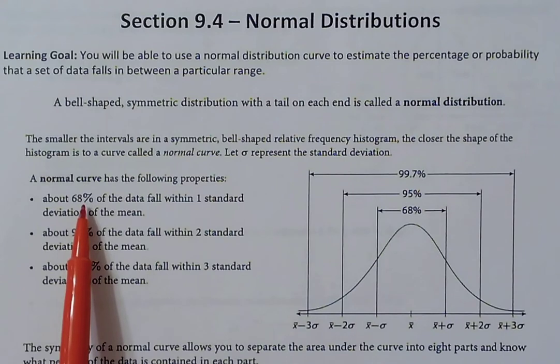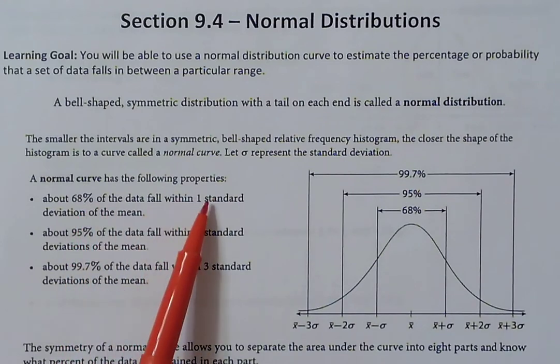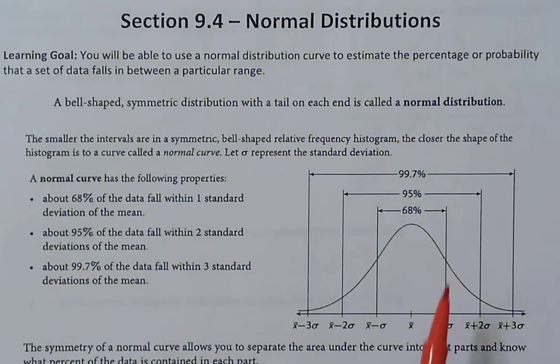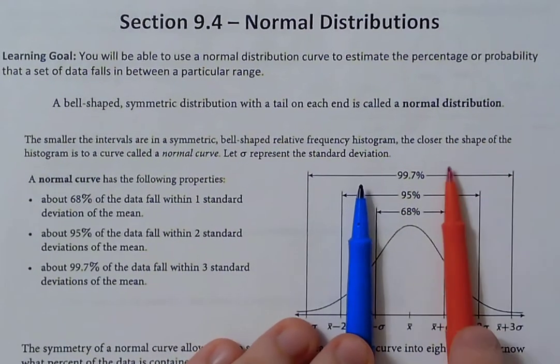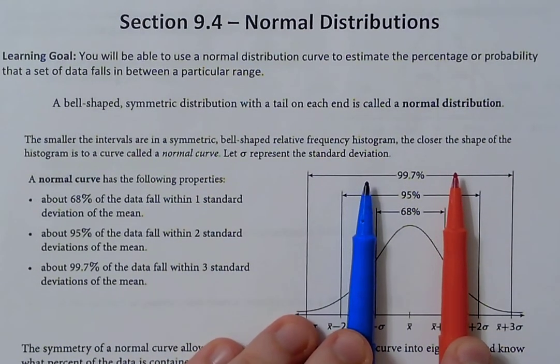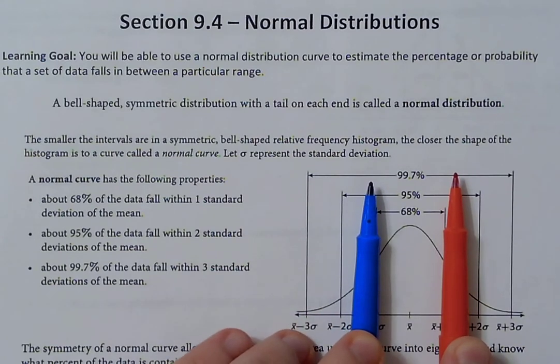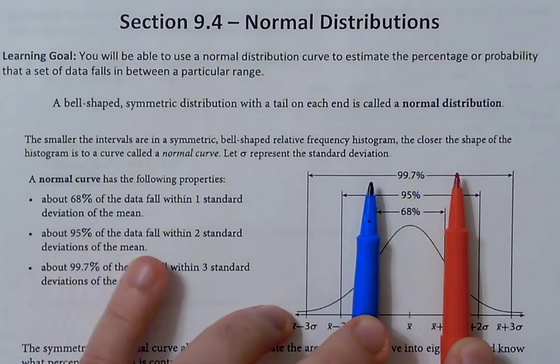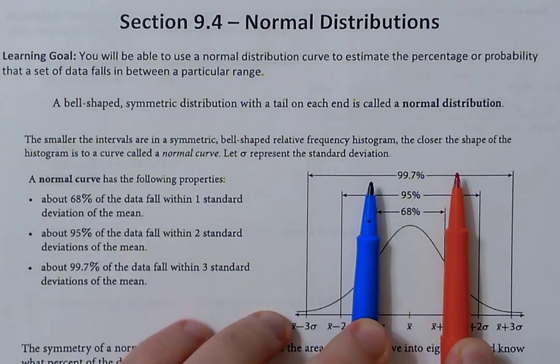About 68% of the data falls within one standard deviation of the mean. So one standard deviation means that we add the standard deviation or we subtract it, and in between either adding or subtracting one standard deviation, 68% of the data falls in this range for a normal distribution. Now, for this part, it talks about 95% of the data falling within two standard deviations.